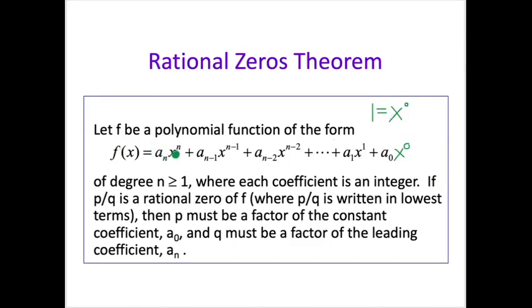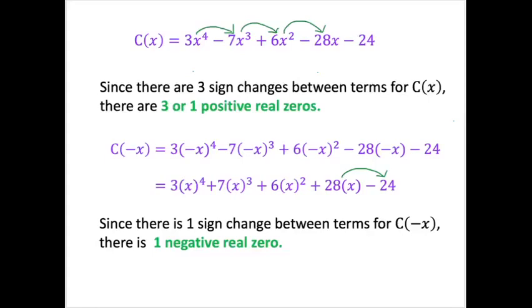So an example, if we had x to the 4th, that would be n, and minus 1 would be 3, so you'd have a power of 3 here. And minus 2 would be 4 minus 2, which is 2, and then we have power 1 and 0. And that's what you see here on C of x. You see a power of 4, 3, 2, 1, and 0, even though we don't write the 1 and the 0.